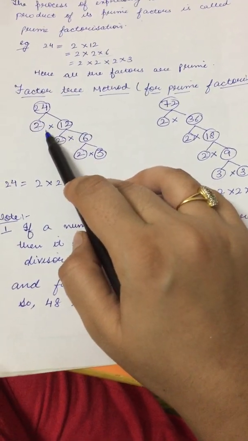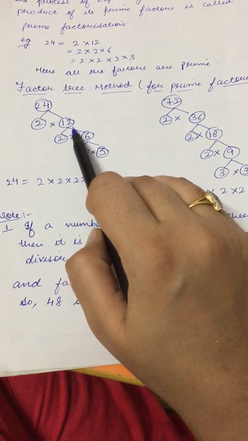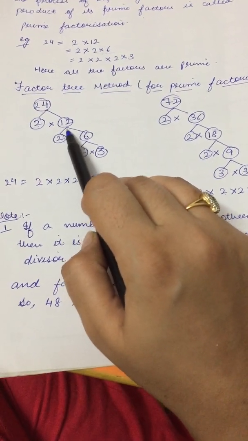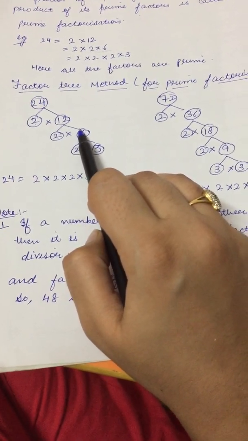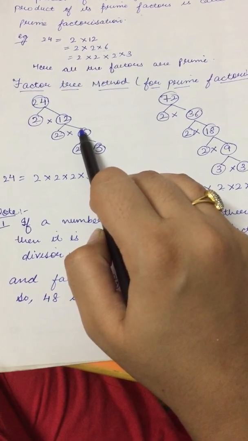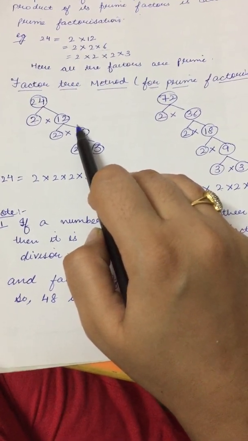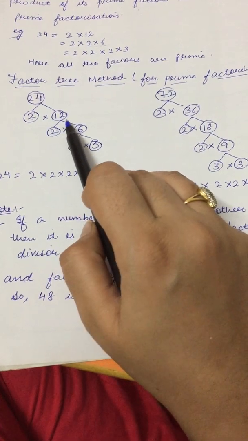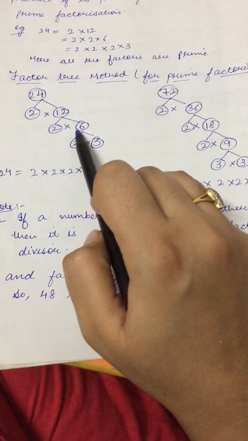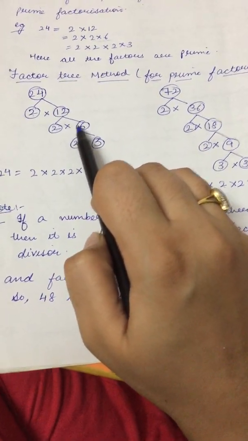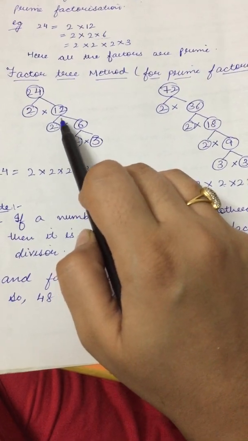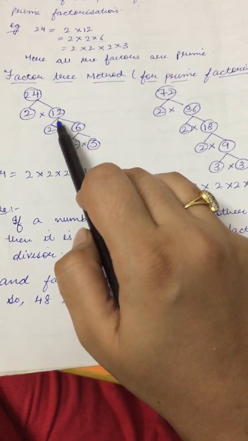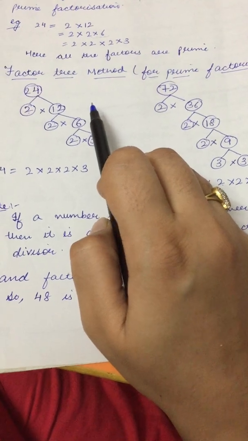Now 24 can be written as 2 into 12. Again 12 can be further split up. Again we will start with the smallest prime number. If 2 is a factor of 12, then we will write it in those terms. But if 2 is not a factor, then we go to 3. Other than that, then we go to 5, like this.